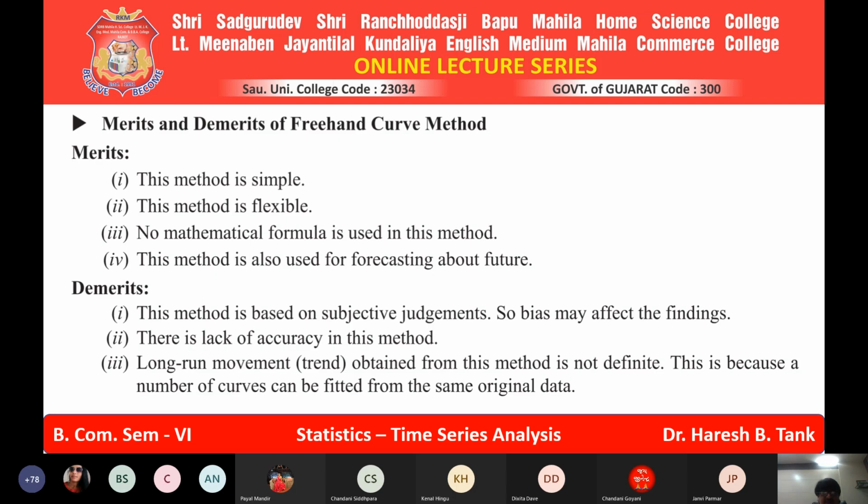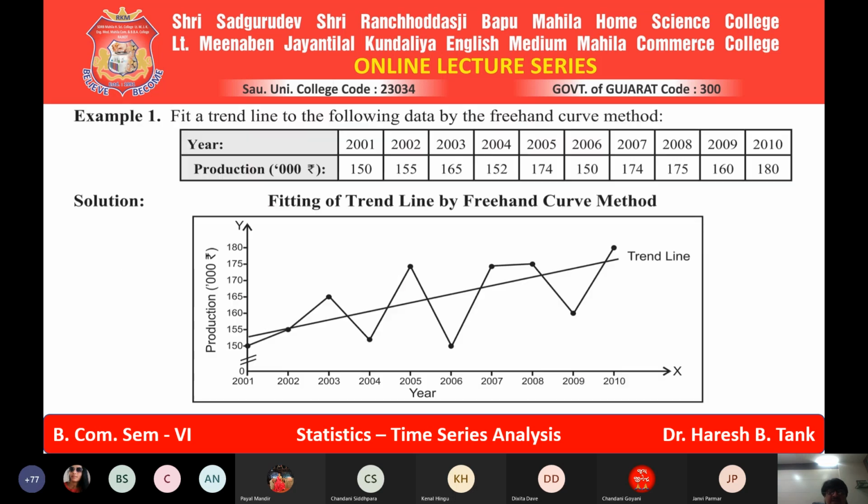The merits and demerits: the method is simple, the method is flexible, no mathematical formula is used, and this method is also used for forecasting the future. You might be a little bit surprised about it. How can you forecast the future with this? Let us suppose we want to forecast it for 2011, which is the next point.